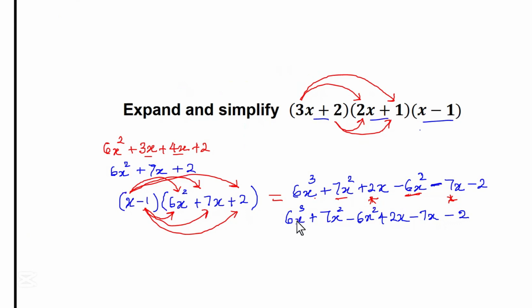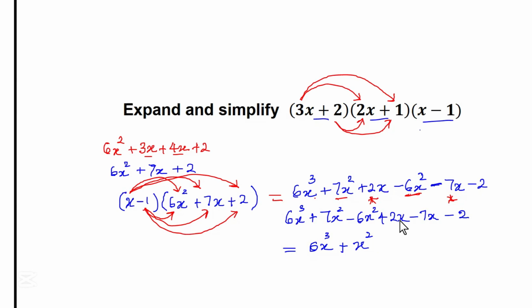So here we still have to write down 6x to the power of 3. Now 7x squared minus 6x squared, we have to subtract in this case, 6x squared from 7x squared will give us just x squared.